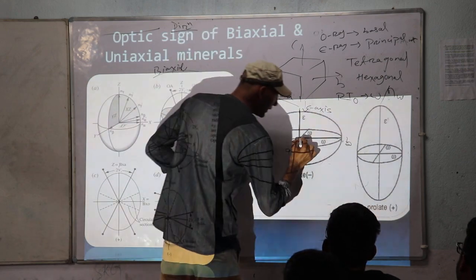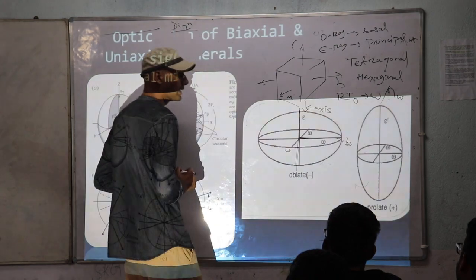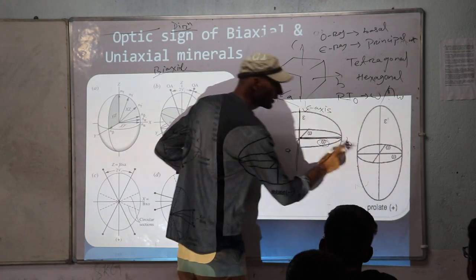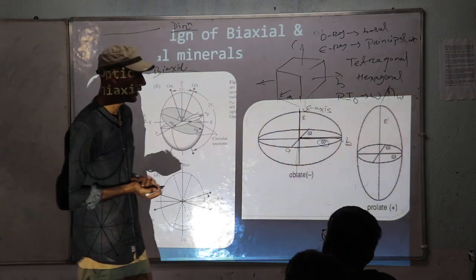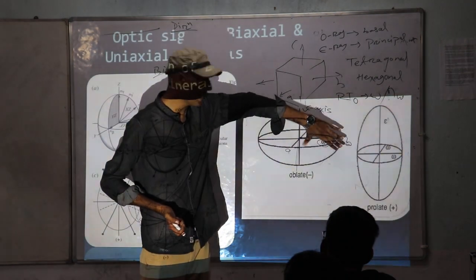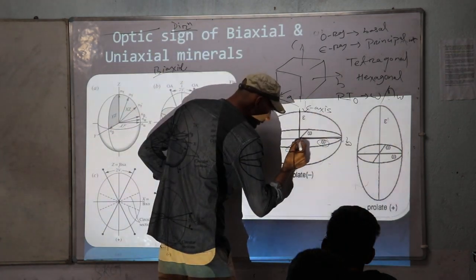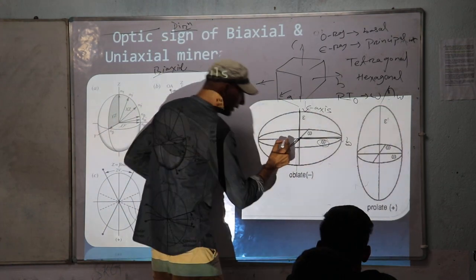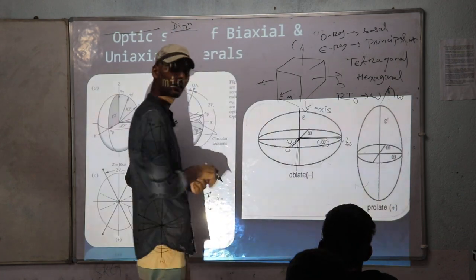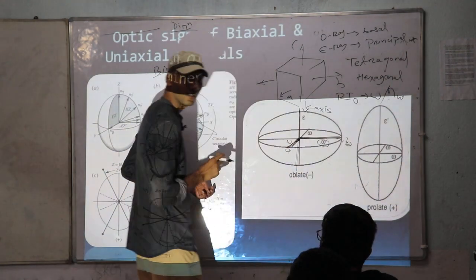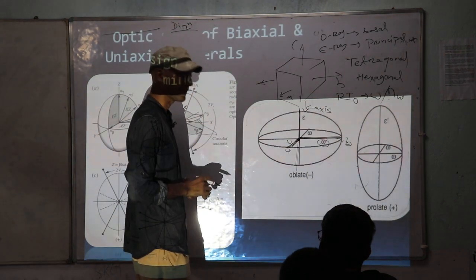Okay, so it is represented in this axis. Omega is the refractive index and this is the vibration direction, B is the vibration direction. In that vibration direction I am representing the refractive index here. This is the A direction, the A axis. Here it is omega, the refractive index, and I am representing that in this direction, or in the A direction within the basal section.